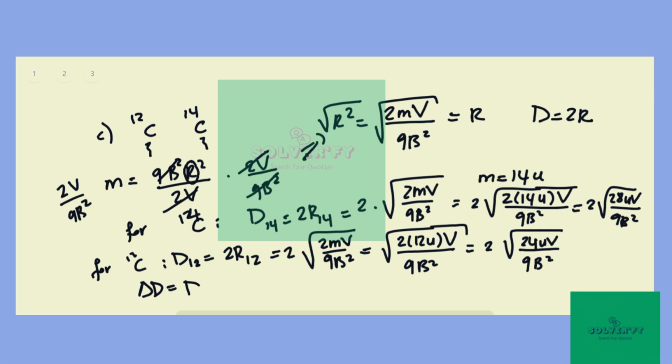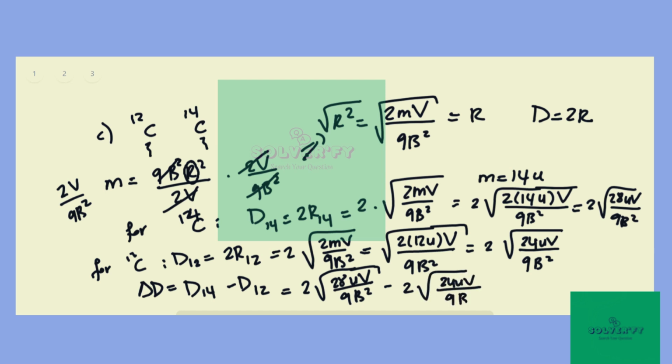Delta D then is going to be D14 minus D12, right? So if we do that, what we're looking for basically is 2 square root of 28uV over qB squared minus 2 square root of 24uV over qB squared.